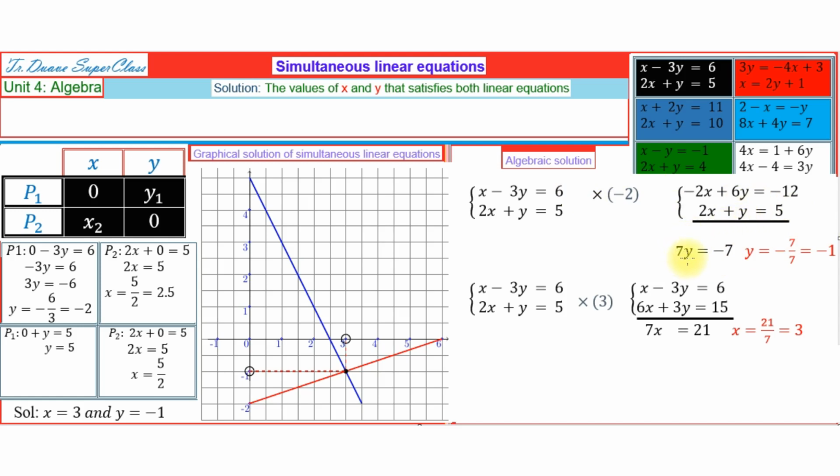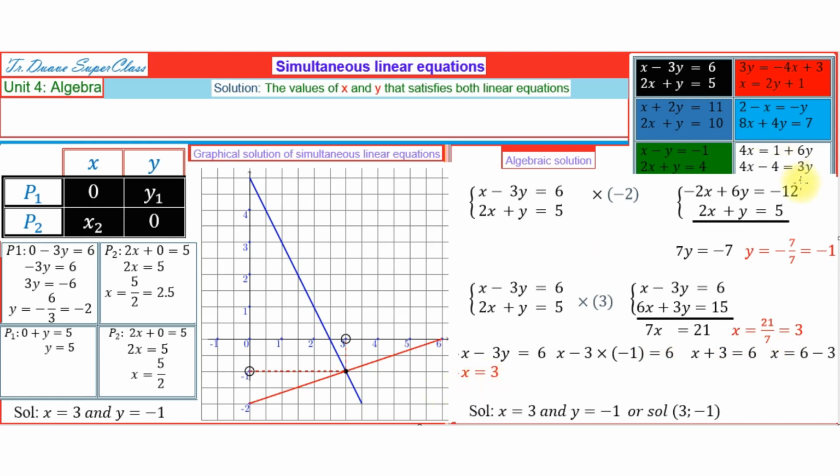So now we want to use substitution, which means we'll pick one of the equations. It doesn't matter which one you pick to work on. We took this one, and replacing the value of y by minus 1 and working it out, the result is x equals 3. So the solution is x equals 3 and y equals minus 1, or simply 3 and minus 1.